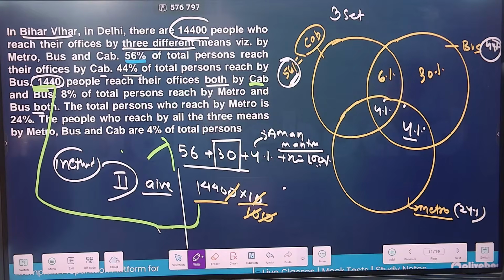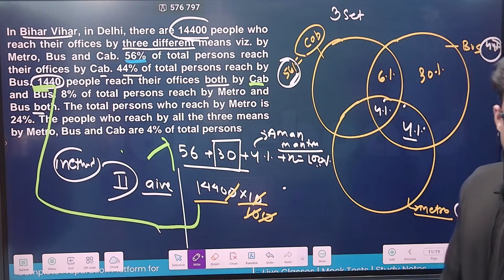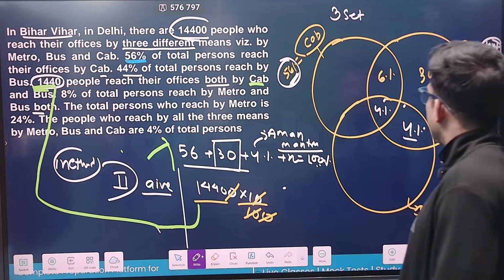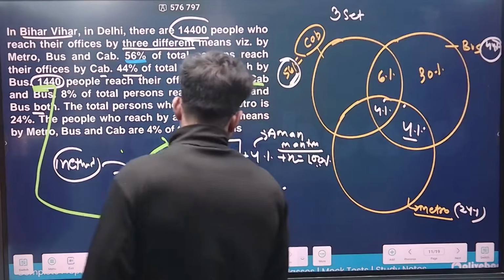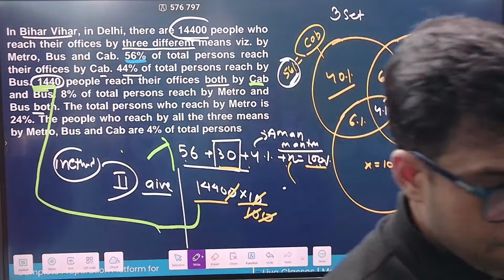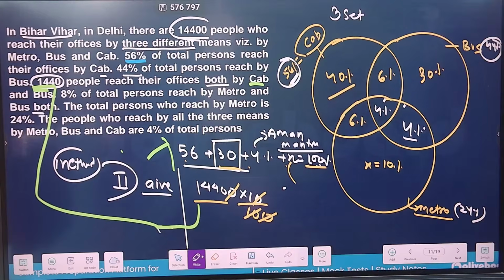Say yes or no? If this is like 34%, again make a logic of this one. Now, clear? Is this clear? Please confirm.